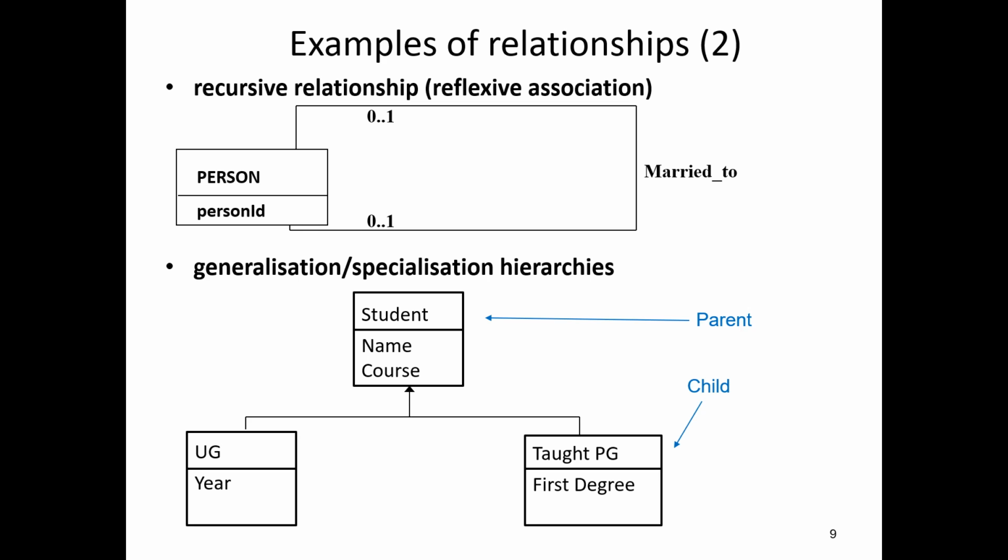Now coming to the generalization, or we call it specialization, hierarchies. Like we were just discussing in the invoice example, in the same way here in case of the university database, we can say that the student table is the parent table. Now the course that he's taking is the child table.